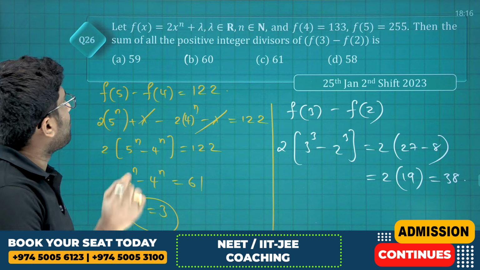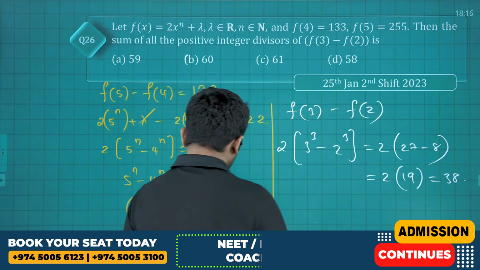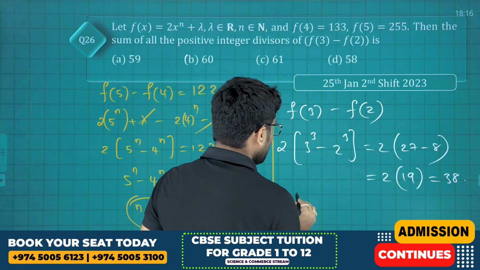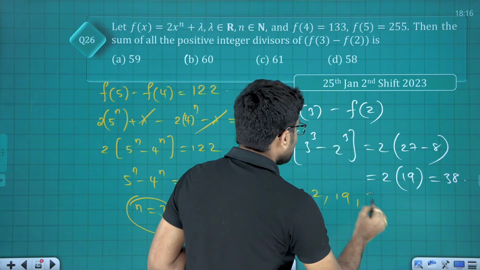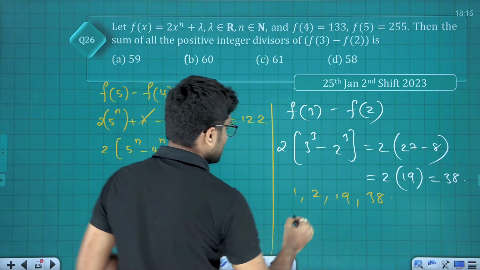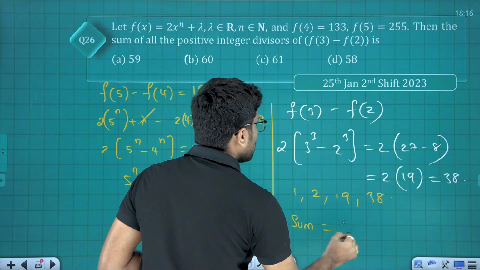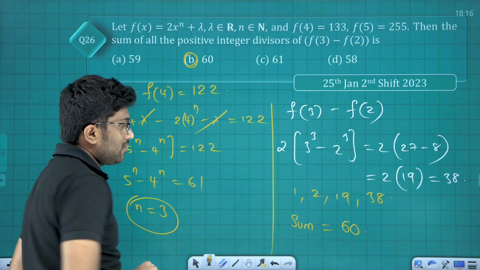Now they are asking the sum of all positive integer divisors of this 38. What are all the integer divisors of 38? 1, 2, 19, 38. That's it. So 20 plus 40, which is 60. The sum of all of them is equal to 60. Answer is option B.